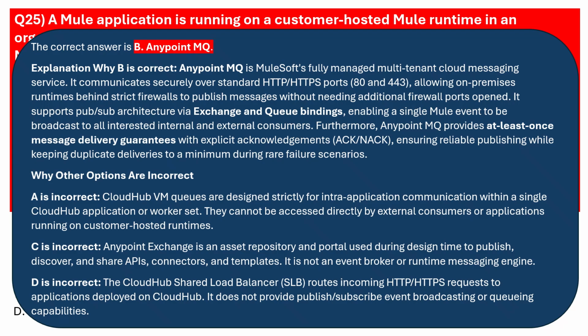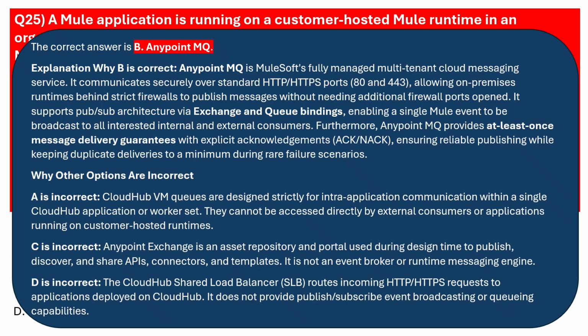It supports pub/sub architecture via exchanges and queue bindings, enabling a single Mule event to be broadcast to all interested internal and external consumers. Furthermore, Anypoint MQ provides at-least-once message delivery guarantees with explicit acknowledgments, ACK/NACK, ensuring reliable publishing while keeping duplicate deliveries to a minimum during rare failure scenarios.